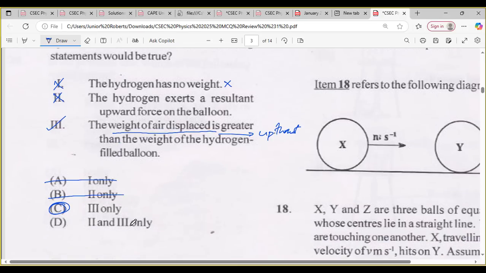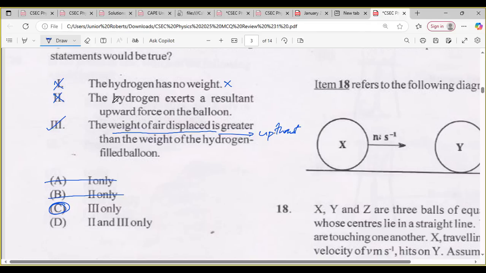Okay, so again, as we said, it says that the hydrogen exerts a resultant upward force on the balloon. The reason why there is that upward force on the balloon is due to the upthrust exerted by the surrounding fluid. Because if we were to think about it this way, let us say we place the balloon in a vacuum.